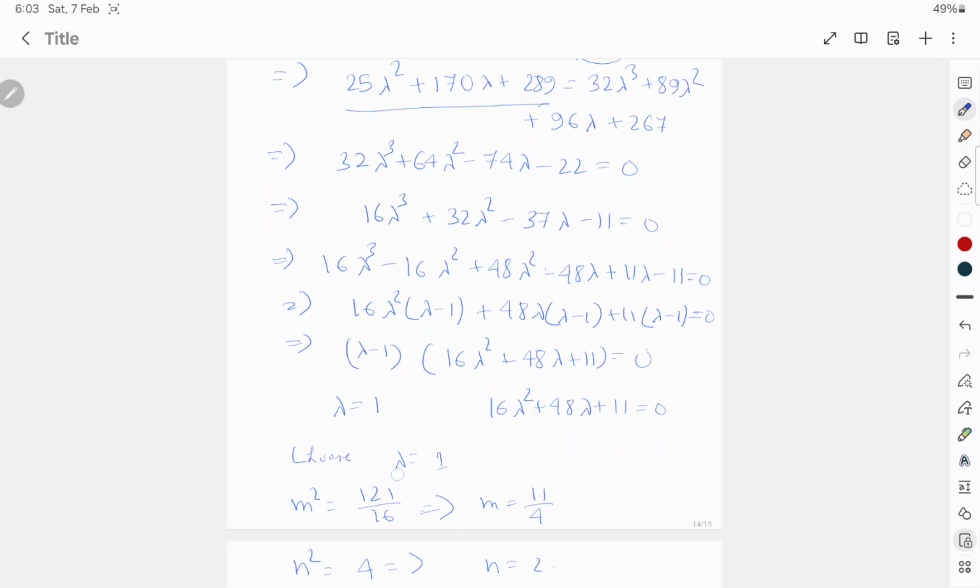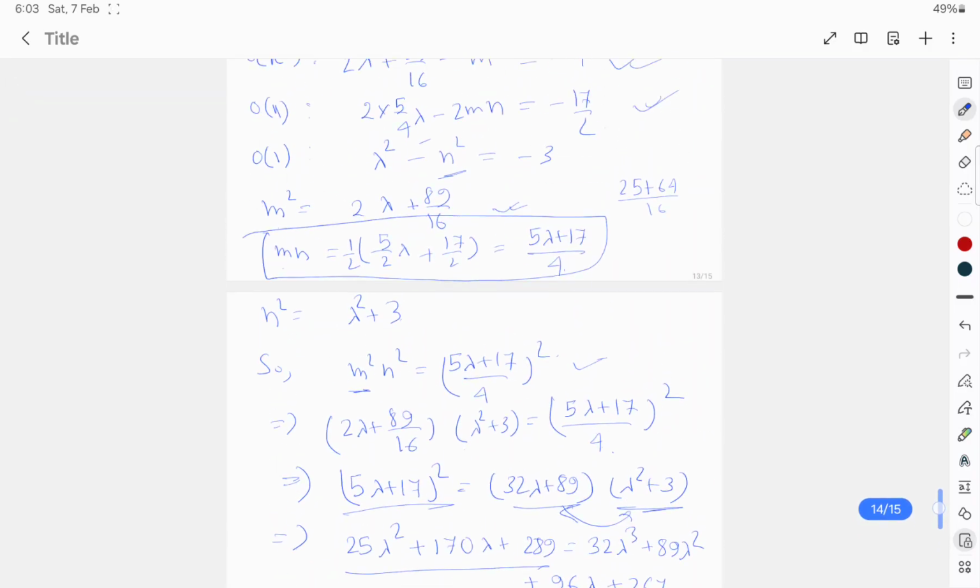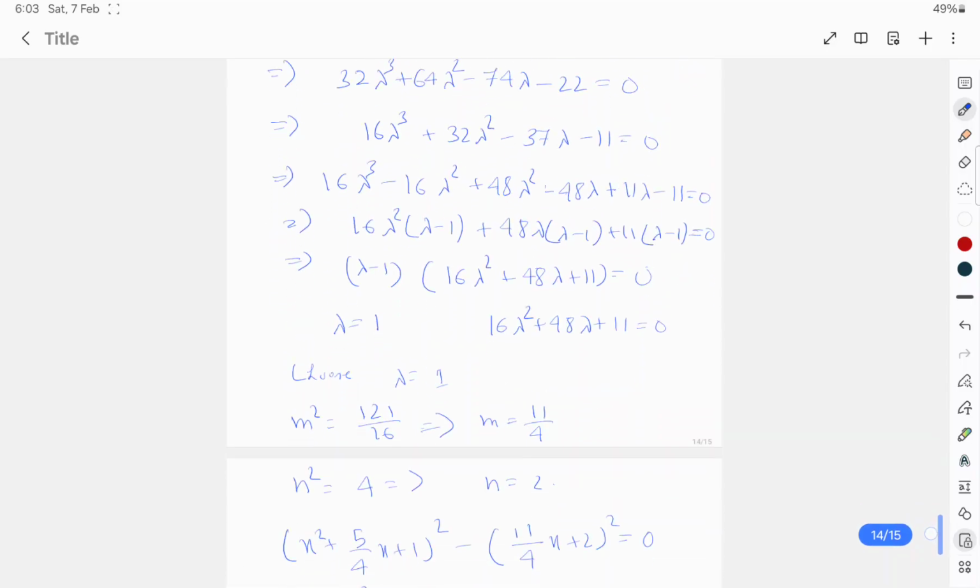So if you put lambda equal to 1 in the expression, from there you have m square equal to some value, right? Because m square is equal to 2 lambda plus 89 by 16. So you have 181 by 16. So the m value will be 11 by 4. You take only the positive, no issue.